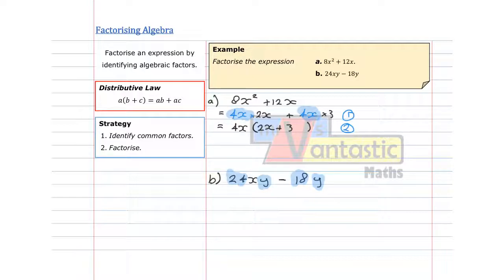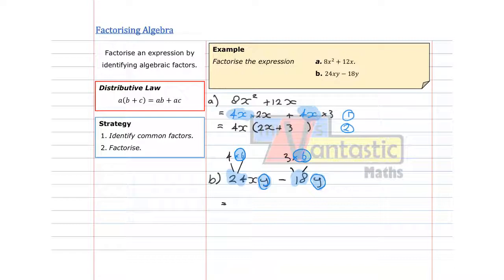And I can see, well, 18 is the same as 3 times 6, and 24 is the same as 4 times 6. So they both have a common factor of this 6. So we can take out the common factors, which are 6 and y from both of these.